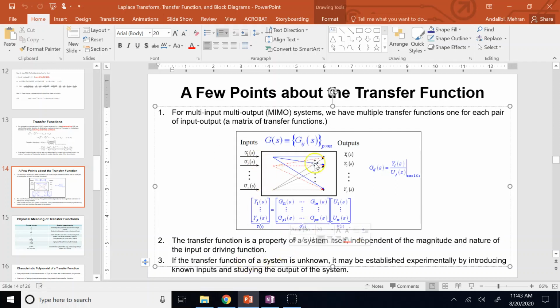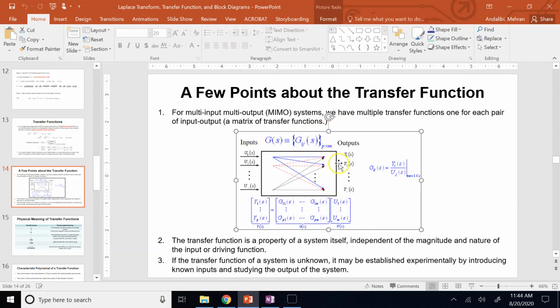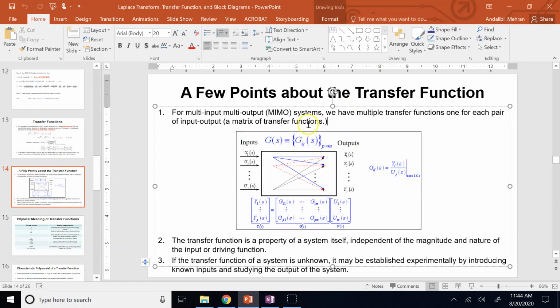That's one thing. Two, what if the system does not have one input and one output? It's not a SISO system. It has multiple inputs and multiple outputs. We call it a MIMO system. Then how do you define the transfer function? Well, in this case, you do not have a single transfer function.